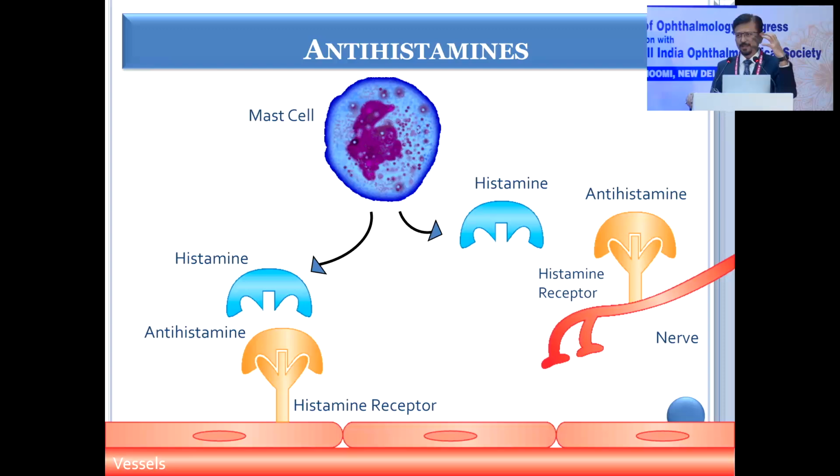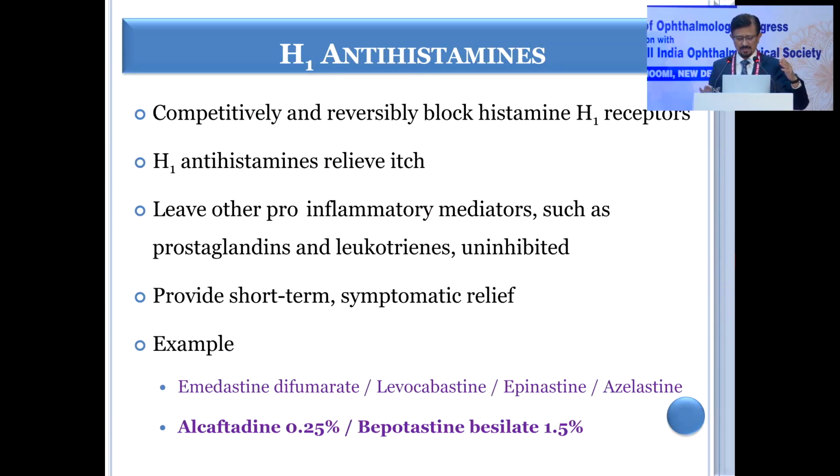So they prevent the itching of the eye by blocking the histamine receptors. Once the histamine is released, they come into action and block the symptoms. They are very good to relieve the patient of symptoms, but they work on the histamine receptors, and they don't work on prostaglandins and leukotrienes, which are some other inflammatory mediators.